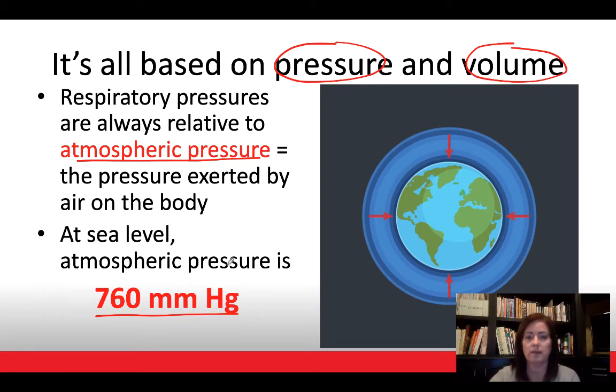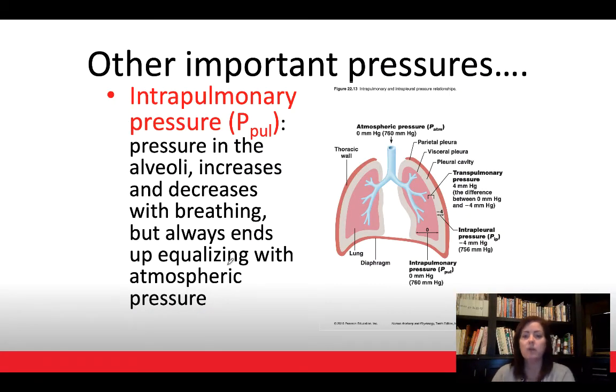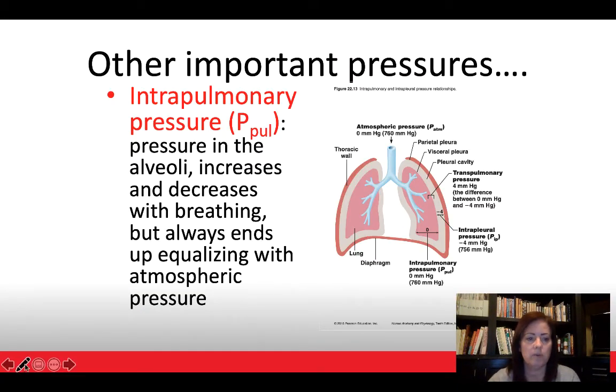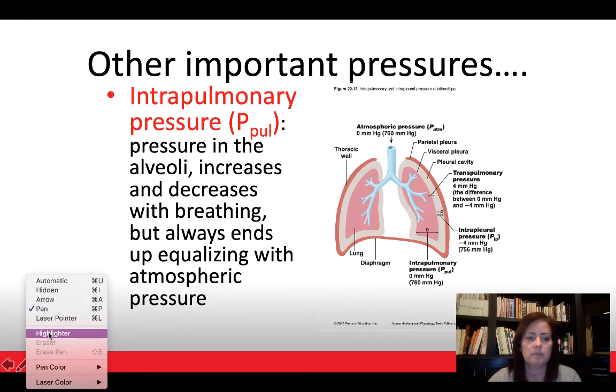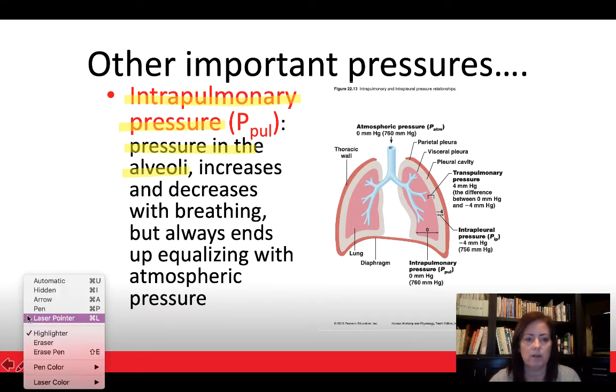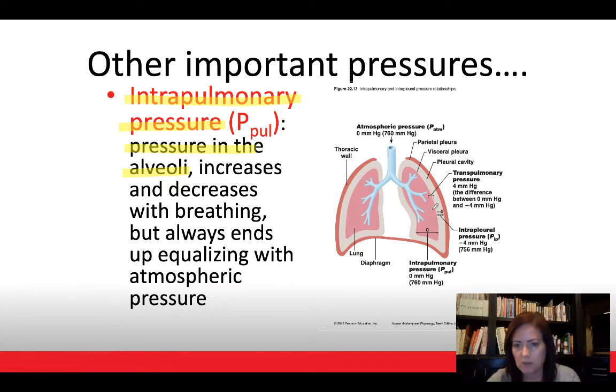There's our baseline. Okay, there's a couple other important pressures. So we also have what's called intrapulmonary pressure. Intrapulmonary means inside the lungs, okay? This is actually the pressure in the alveoli, within the alveoli. So this is going to be this pressure here inside the lungs. Here's our intrapulmonary pressure.